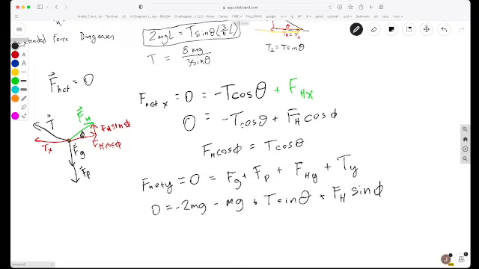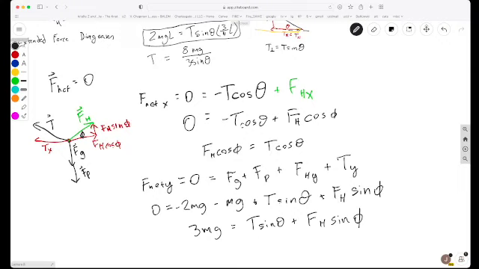Now we can simplify this a little bit. We have minus 2mg minus mg, so that'll be minus 3mg. We can move that to the other side, and we get 3mg equals T sine theta plus Fh sine phi. So now we have this nice relationship. We also know what T is, right?